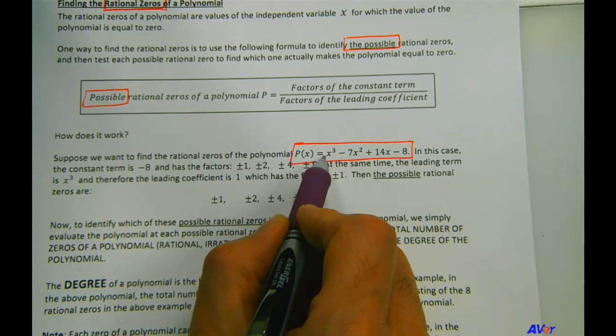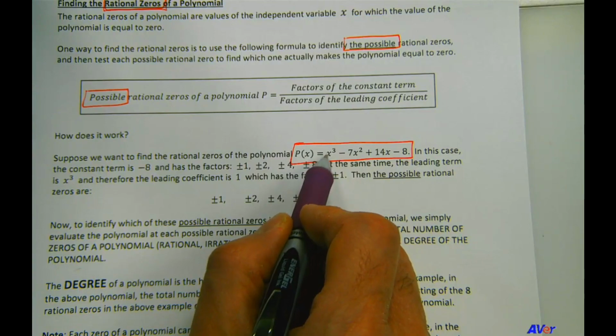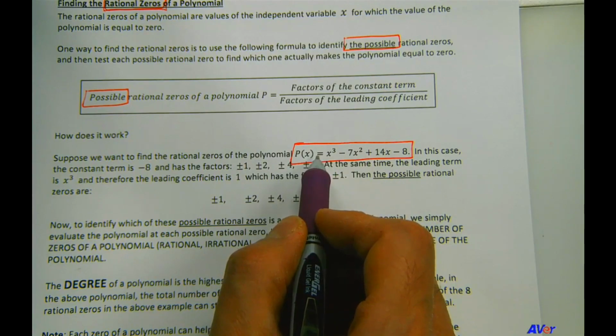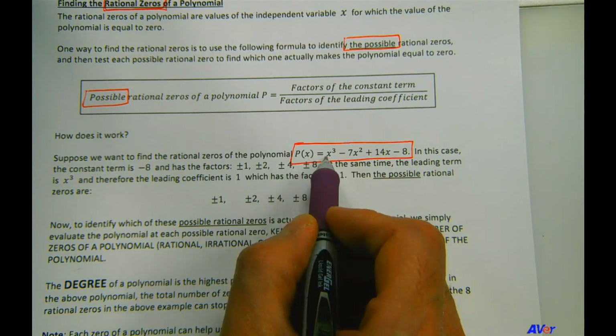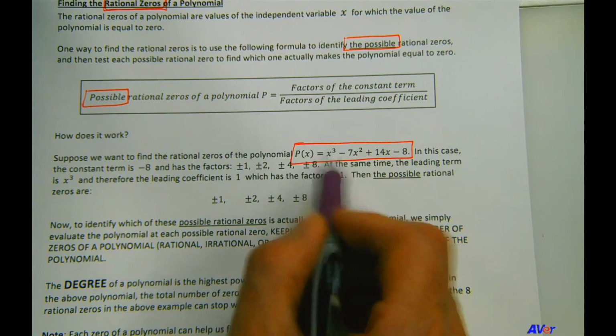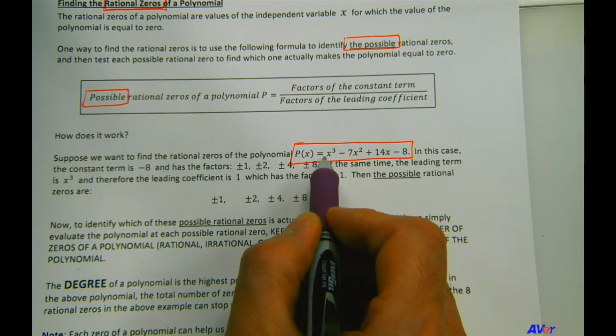So the coefficient of it is positive 1, but positive 1 has factors 1 times 1 and also -1 times -1, right? -1 times -1 will give us +1, which is the coefficient of this leading term. The leading term in a polynomial is the term with the highest power. The coefficient of the leading term is the leading coefficient.